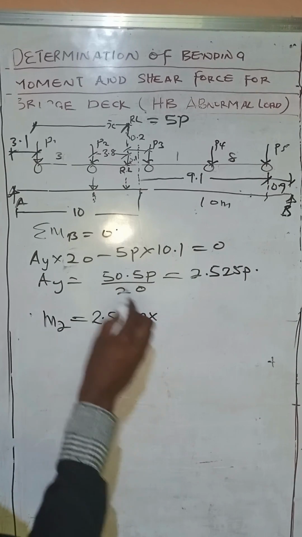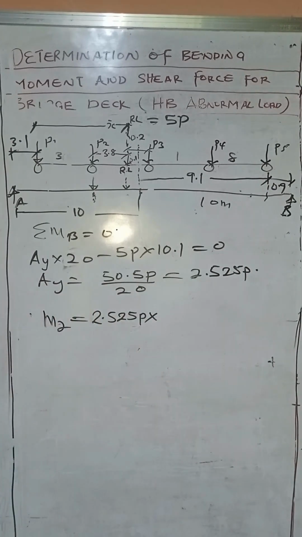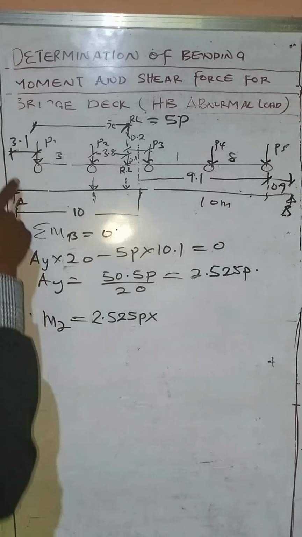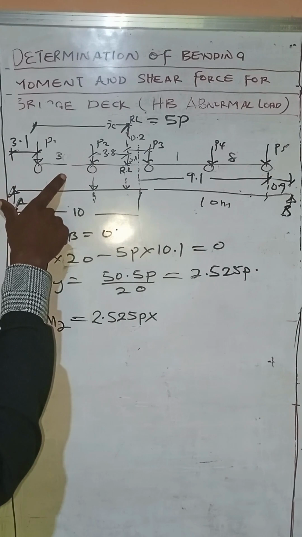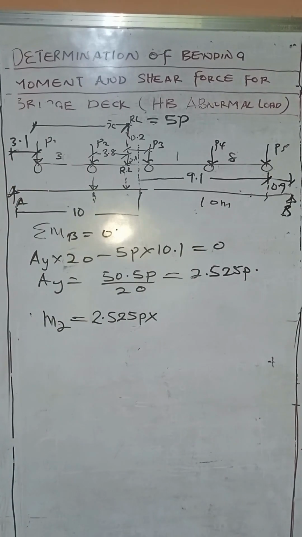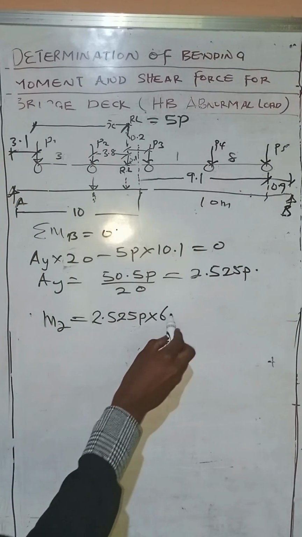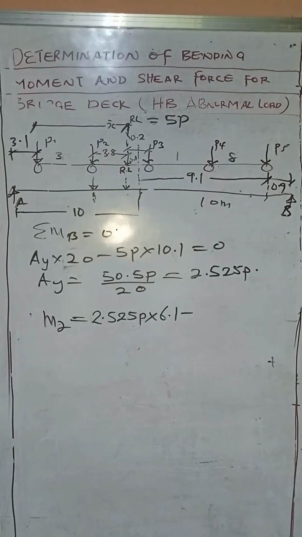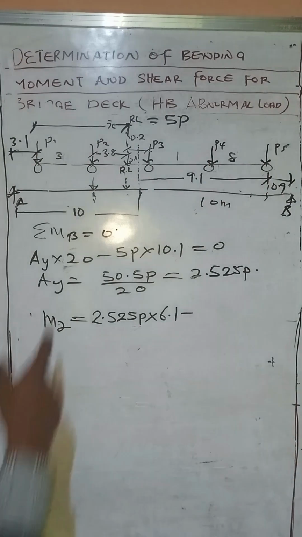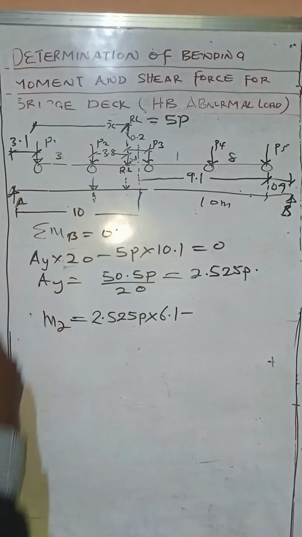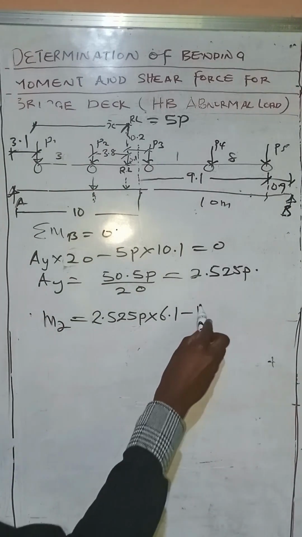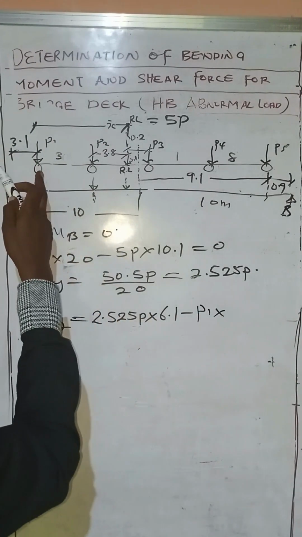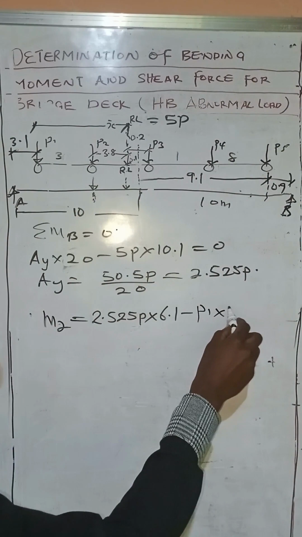So let's try P2. Moment at P2, M2, will be 2.525P times the distance to P2, which is 6.1, minus P1 times its distance to P2, which is 3.